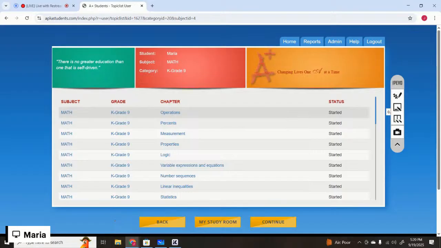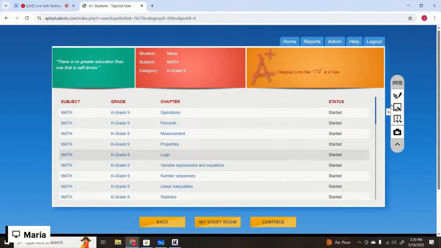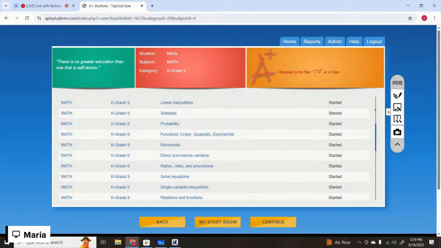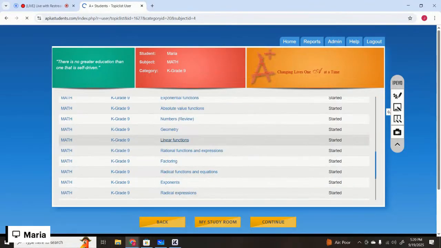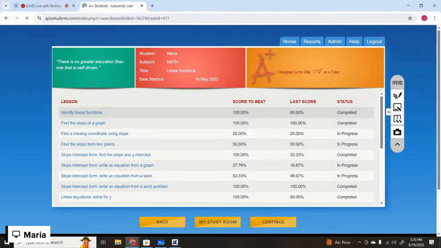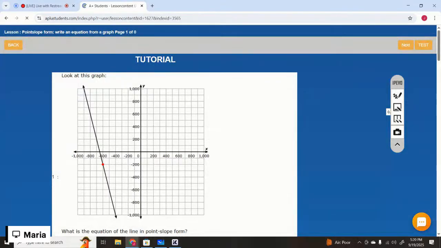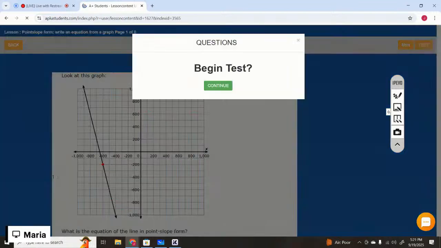So here I'm on grade 9 math. Let's just start with the lesson linear functions. So we're going to start with the lesson point slope equation from a graph. Look at this graph. I'm going to start with the functions.